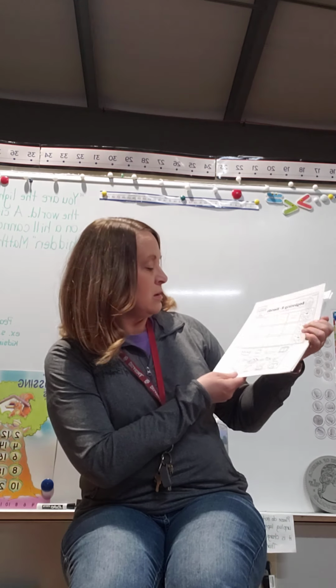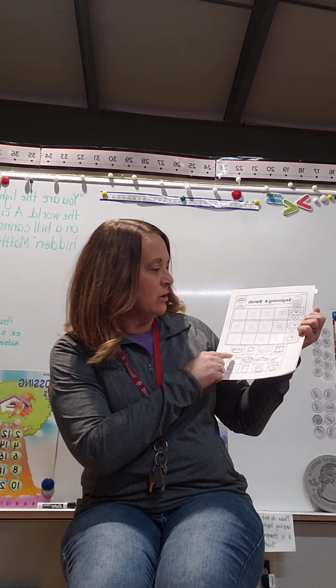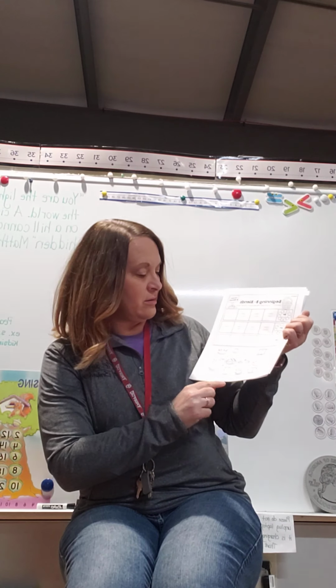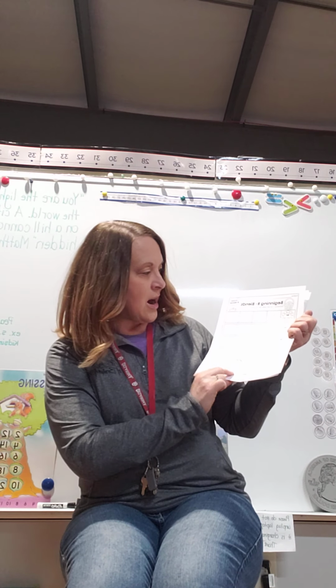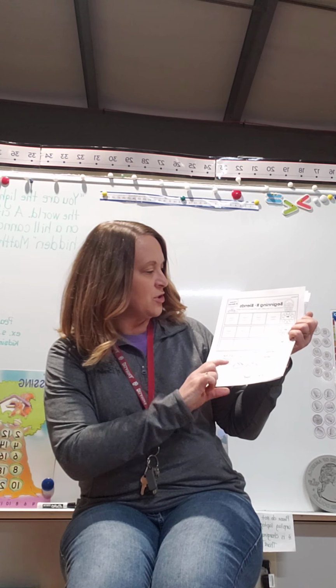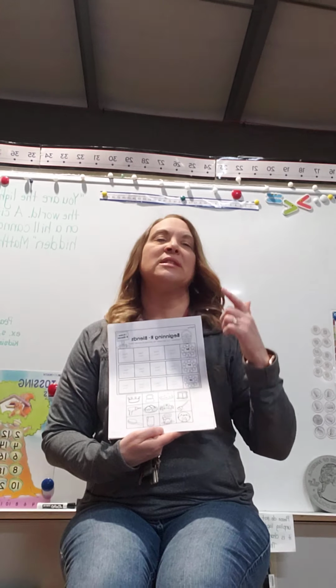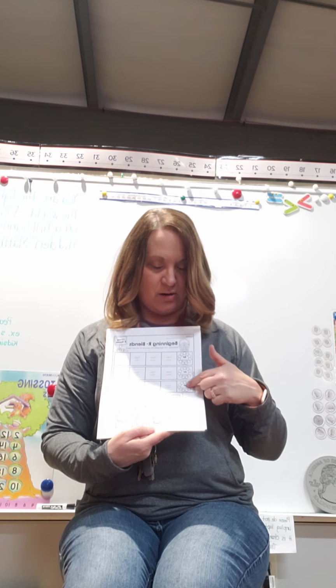Crab, CR. Breakfast, BR. Drill, DR. Cry, CR. Dream, DR. Crack, CR. Brush, BR. So you'll slowly say each word and see what you're hearing at the beginning of the word. Are you hearing BR, CR, or DR?